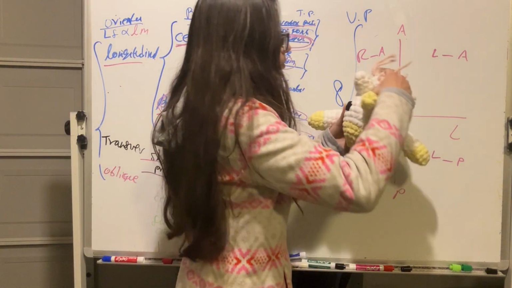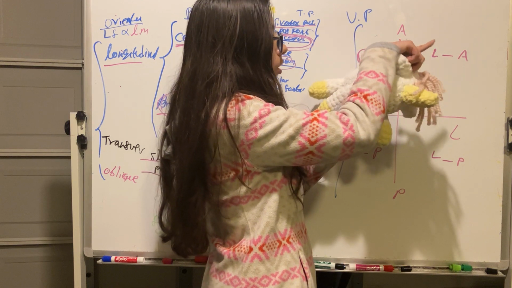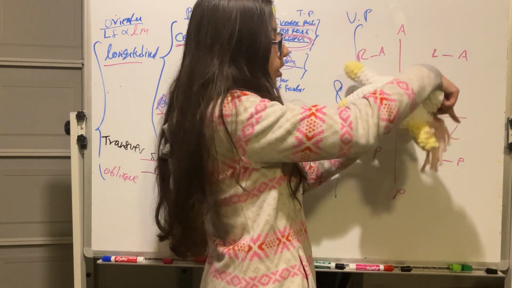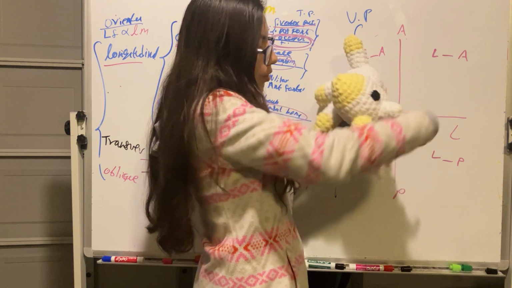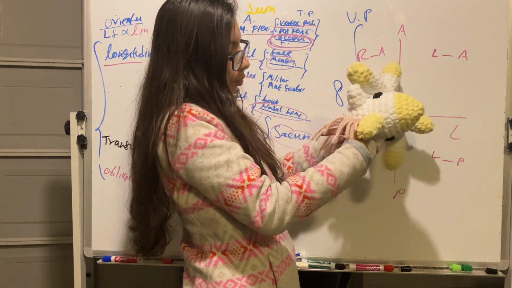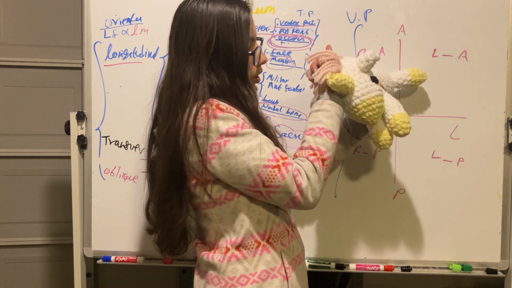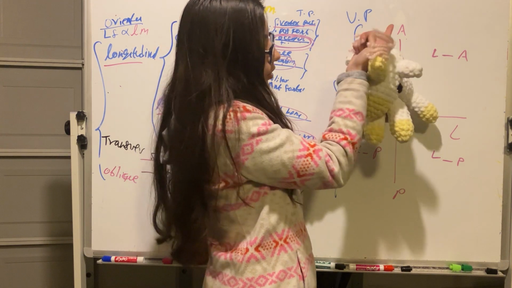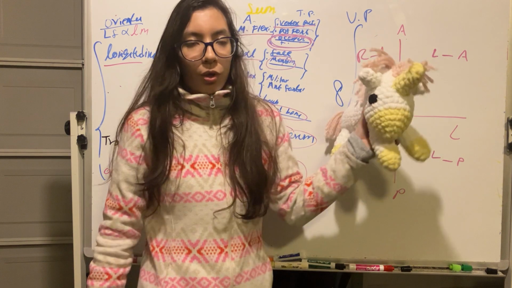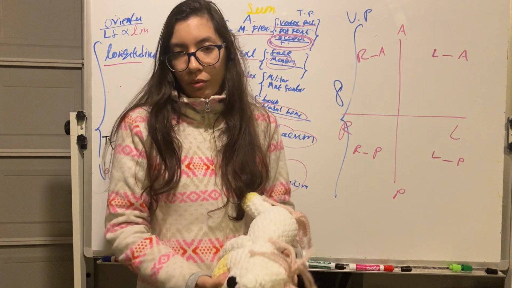So occiput anterior, left occiput anterior, left occiput posterior, occiput posterior, right occiput posterior, right occiput, right occiput anterior, occiput anterior. We reviewed these more slowly in the previous video.